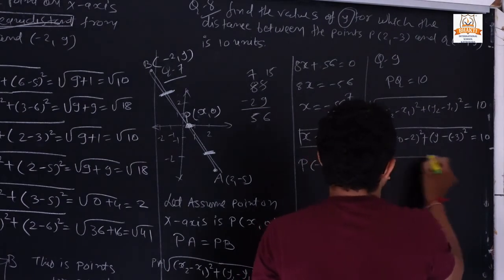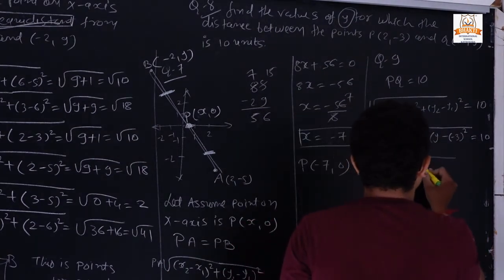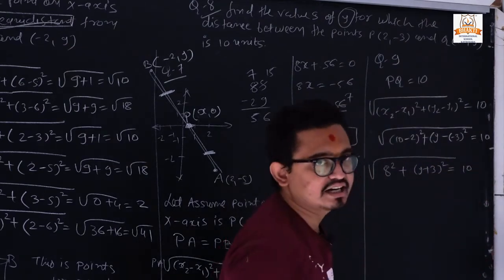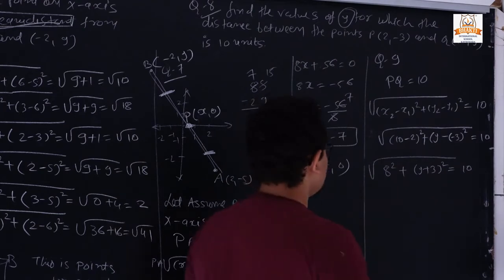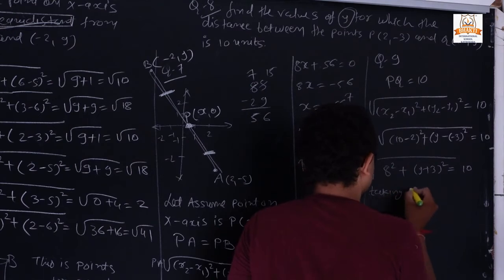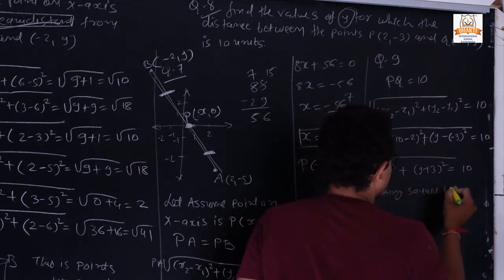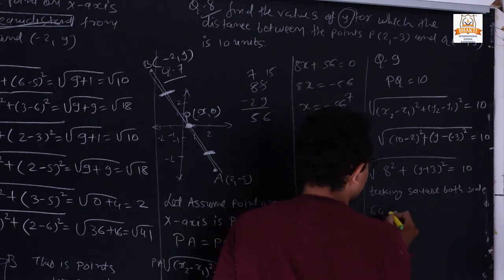Next, so under root 10 minus 2, 8 square, plus the y term, is equal to 10. Now we can square both sides, because we want to remove this square root. So taking a square on both sides, 8 square is 64.